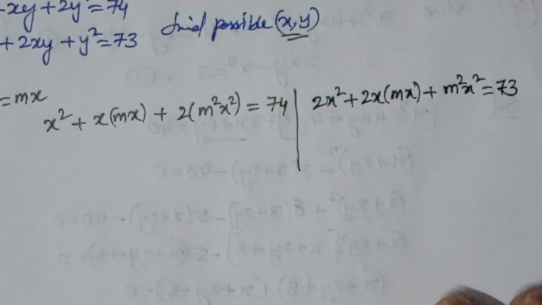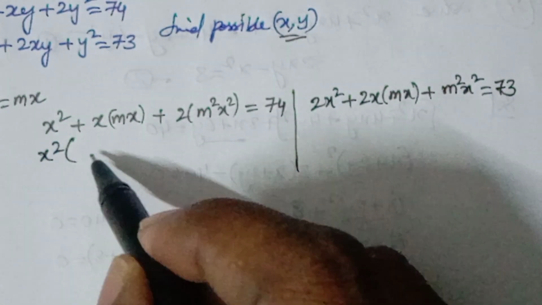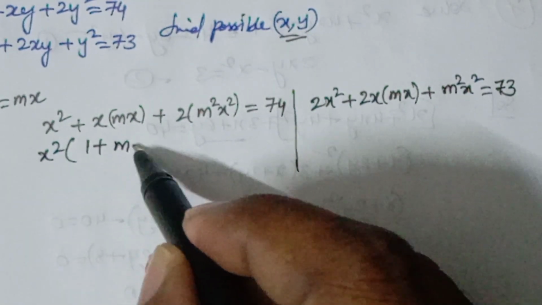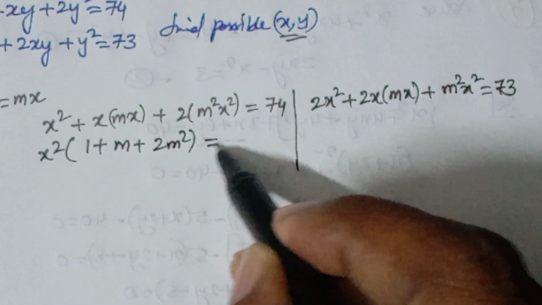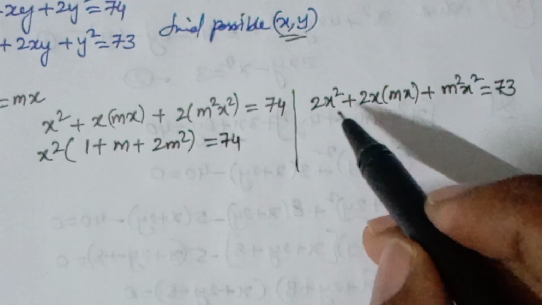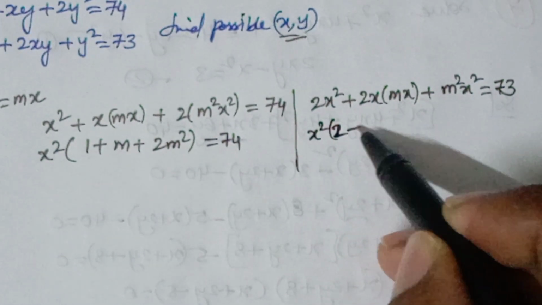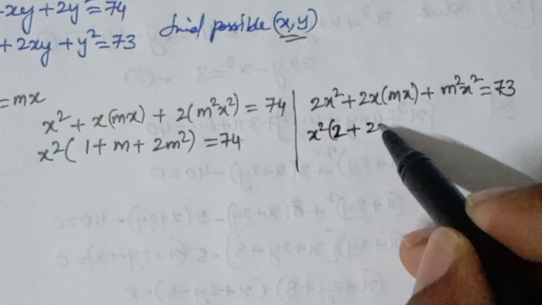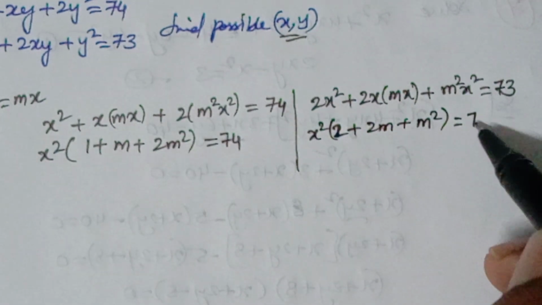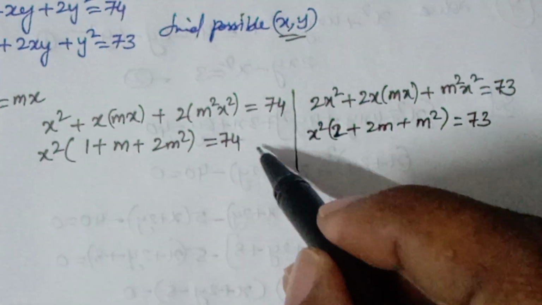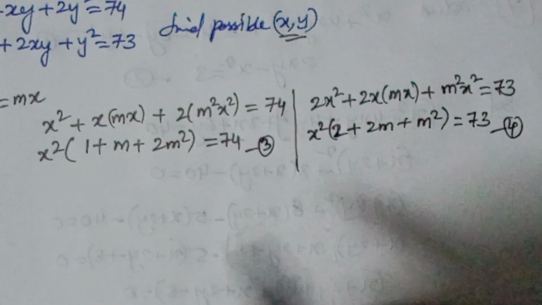Now if you take x square common in all the terms, 1 plus m plus 2m square is equal to 74. Here also you can take x square common: 2 plus 2m plus m square is equal to 73. Let this be equation 3 and this equation 4.